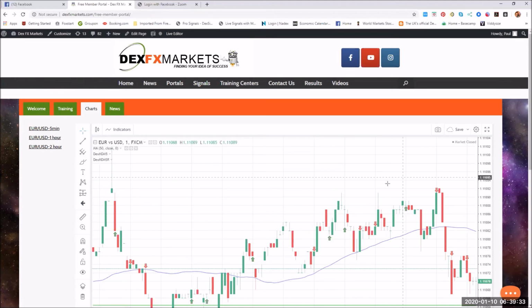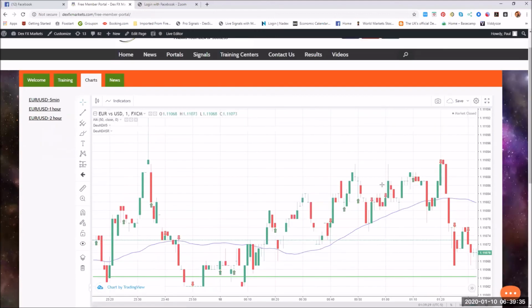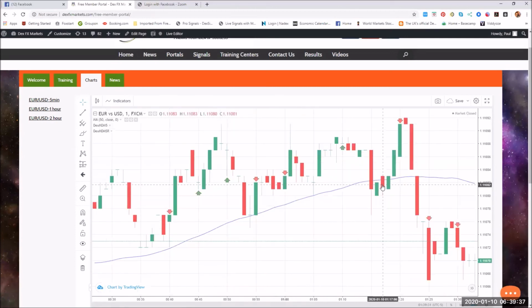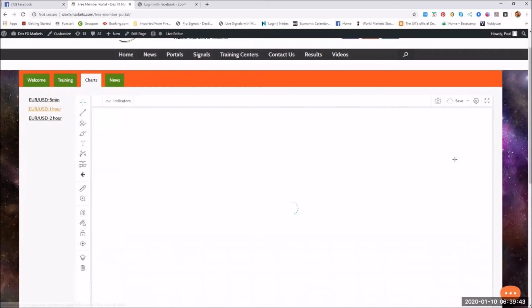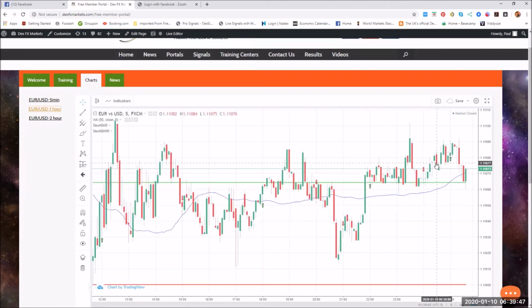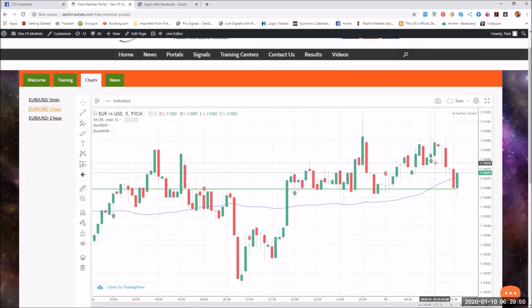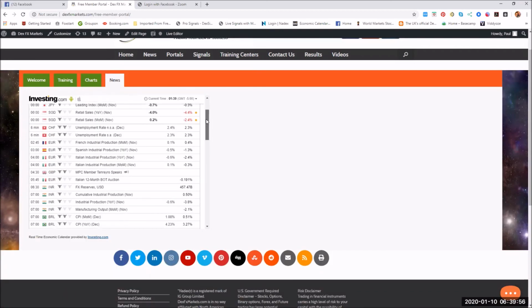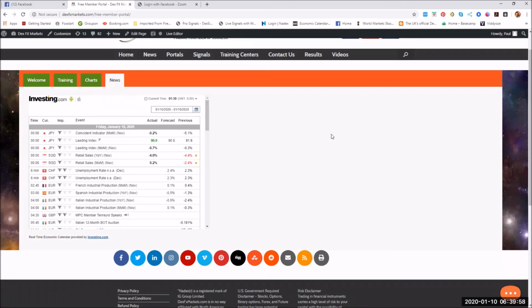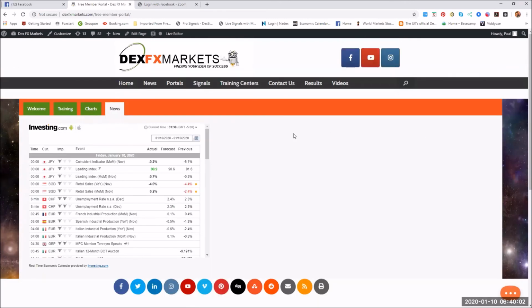If you can't read these charts, I was saying before how smooth and easy they are to read and follow. They are just simplicity in itself. And of course, we give you the news from our friends at investing.com to help you make a decision. Those are just parts of what you need to become a successful trader.